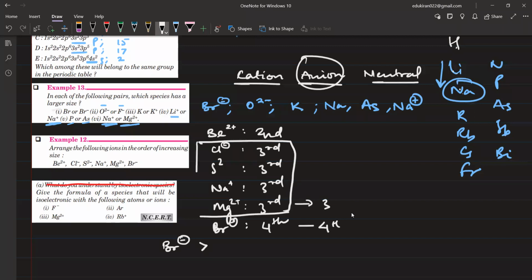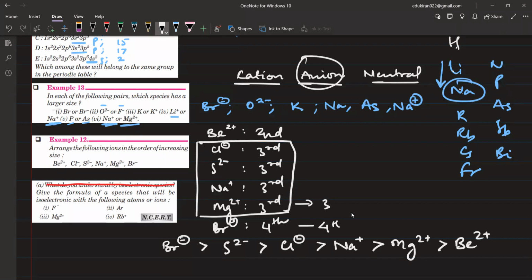So in this case, the one with the highest negative charge, that means S2 negative. After that, chlorine negative. After that, sodium positive, which has the least positive charge. Then Mg2 positive. And then will come Be2 plus, which is in the second period.